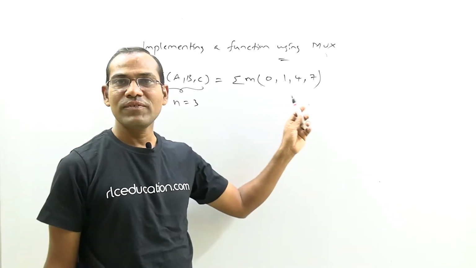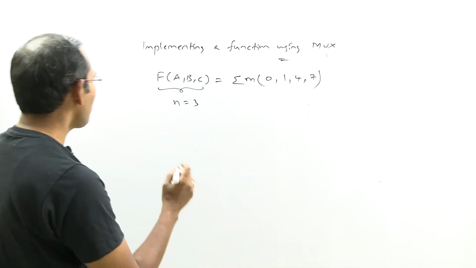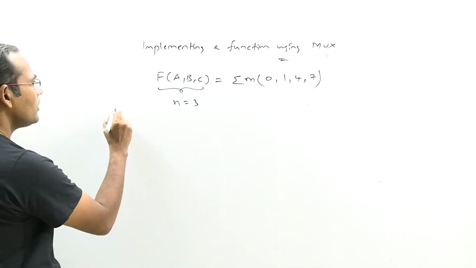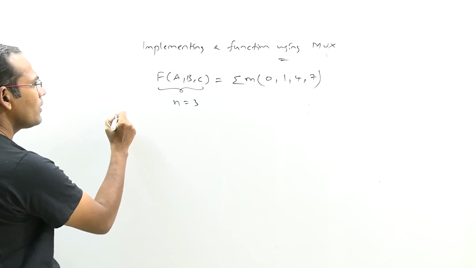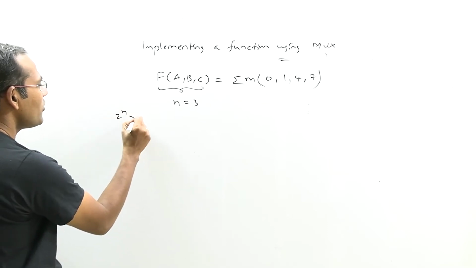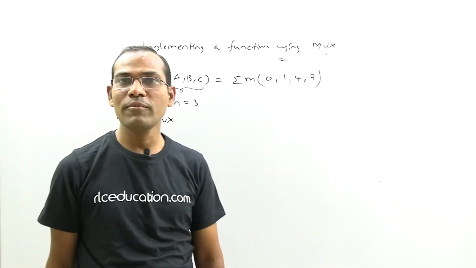Now I will implement this one by using different approaches. Suppose let us take a 2 power n by 1 mux. I want to implement this one by using 2 power n by 1 mux.